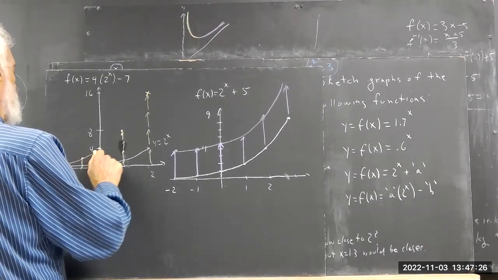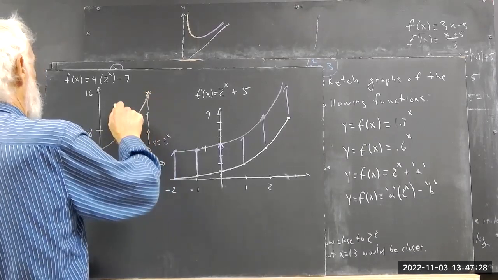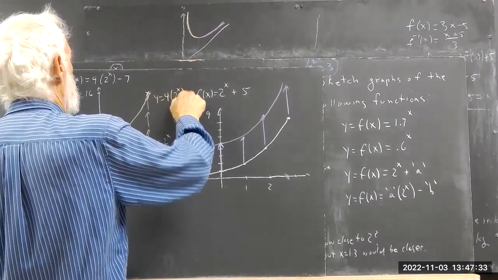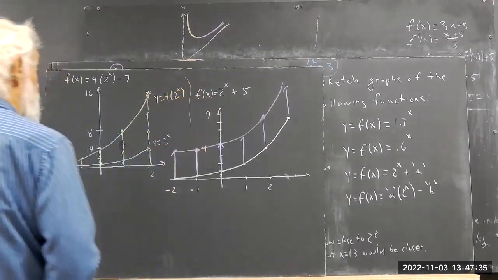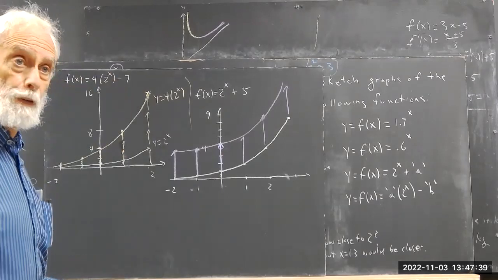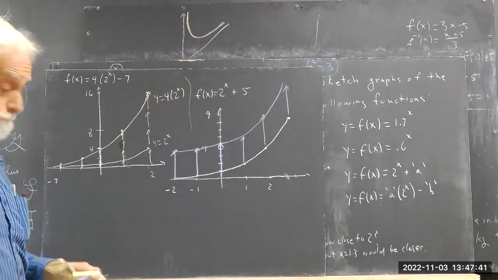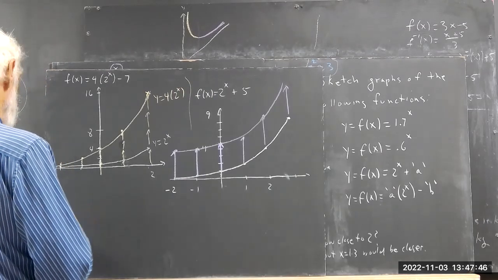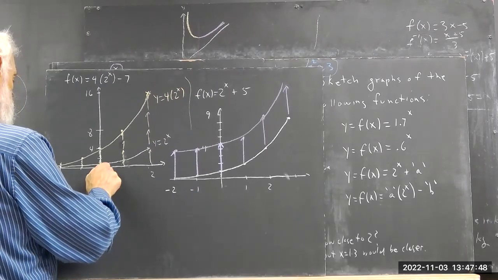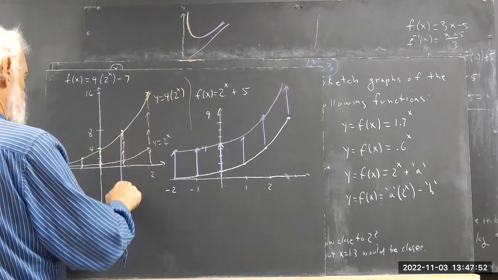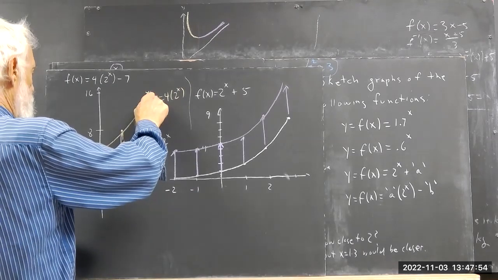So here's my y equals 4 times 2 to the x. And then what do I have to do? I got to take it 7 units lower. So down 7 units.